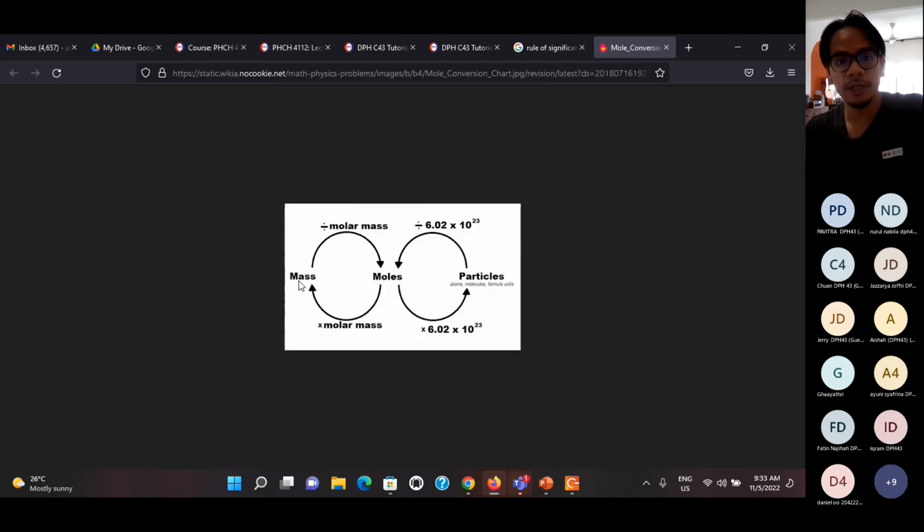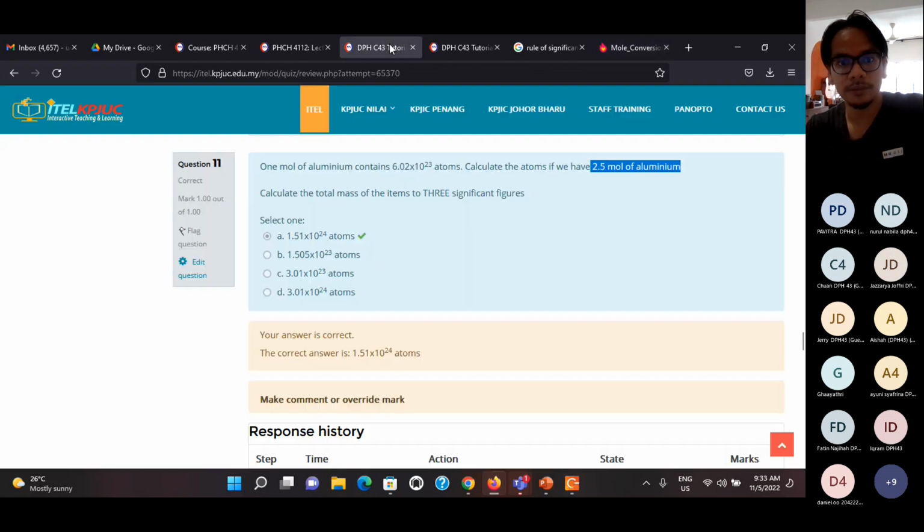Okay, so kalau kamu ada mass, kamu nak cari bilangan mole, kamu bahagikan dengan molar mass. Kalau kamu ada moles, kamu nak cari mass, tengok ikut arrow ni. Kamu darabkan moles tu dengan molar mass. So just follow the arrow, and what do you have to do? Based on the direction it's going to. So kalau dalam soalan ni, mana dia?